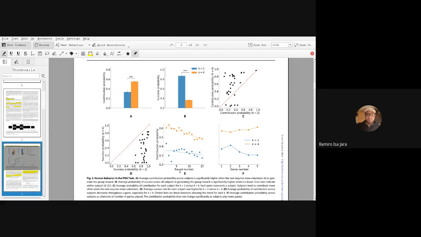For example, in figure E, the linear regression of this behavior is easy.